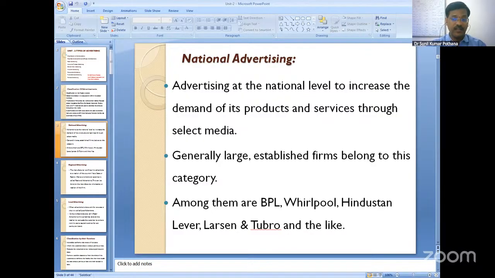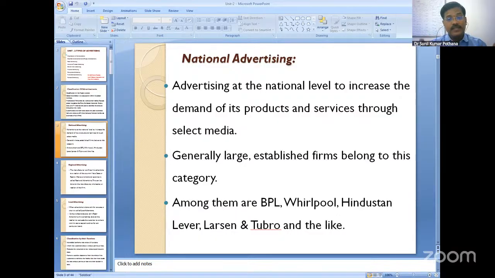For example, public sector units like BHEL, LIC, Life Insurance Corporation, and State Bank of India also issue advertisements about their products and services. More examples: electronics, Whirlpool, Hindustan Lever, Larsen and Toubro, and even Patanjali and Himalaya products.